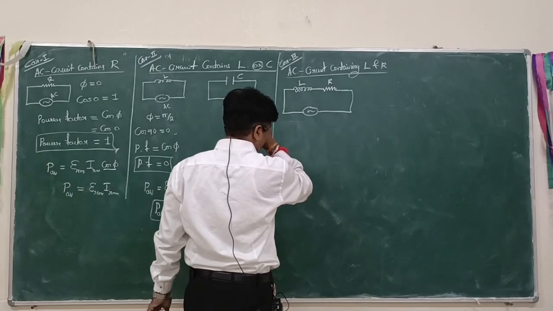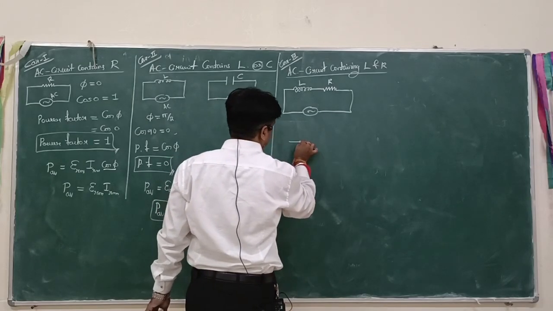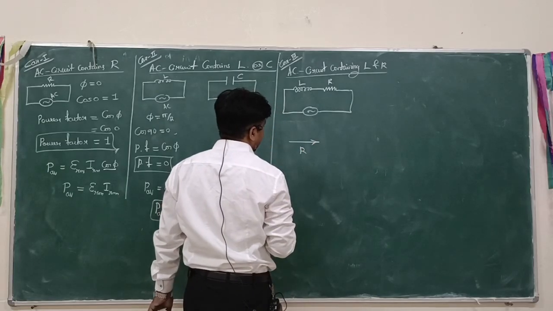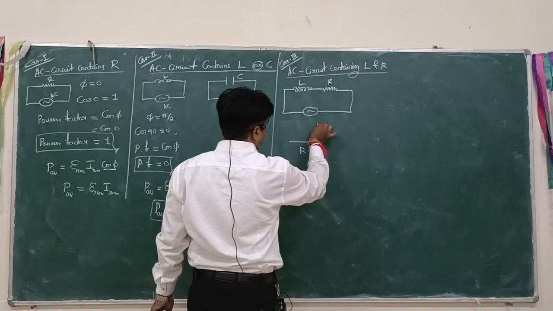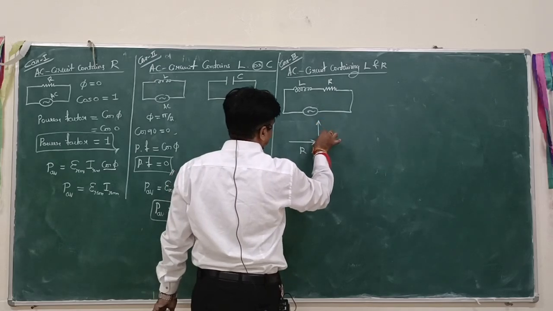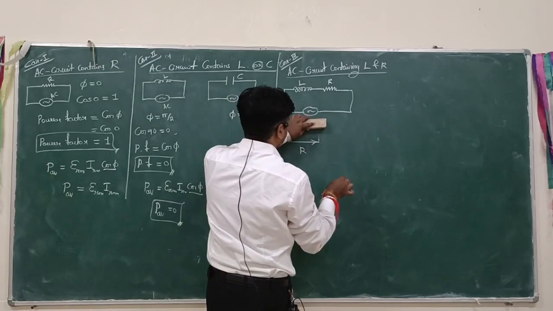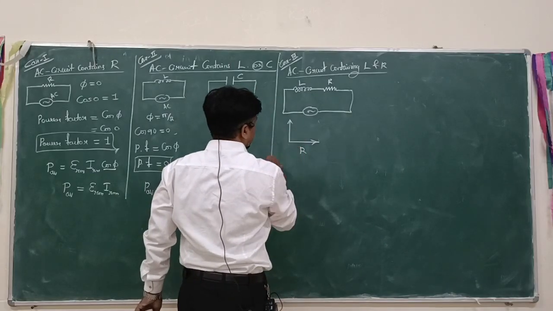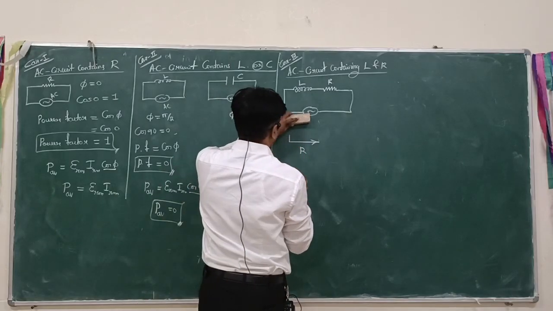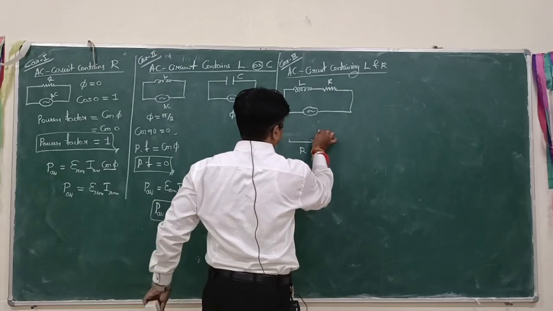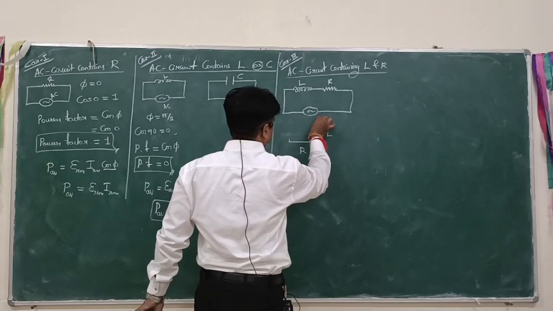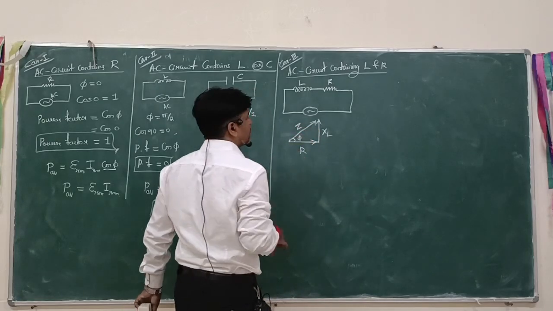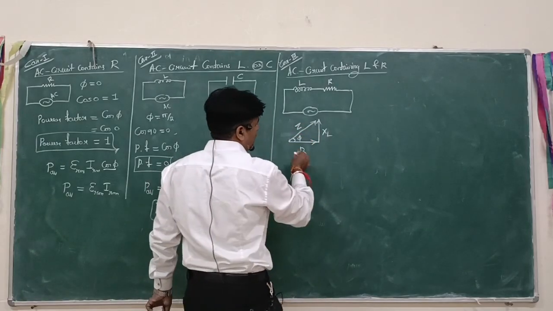So here this is R, this is XL and this one is Z. Impedance triangle. So what can we write for cos phi here?